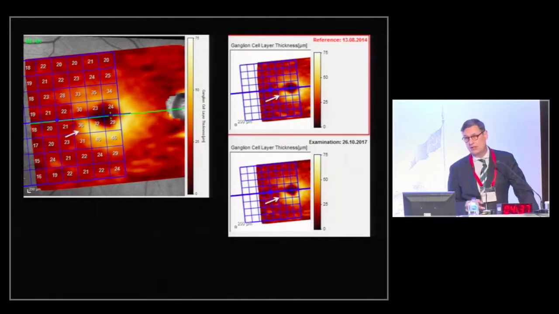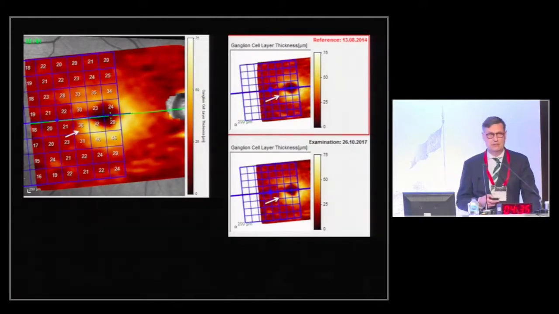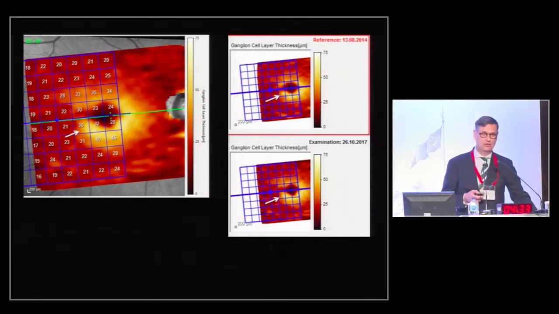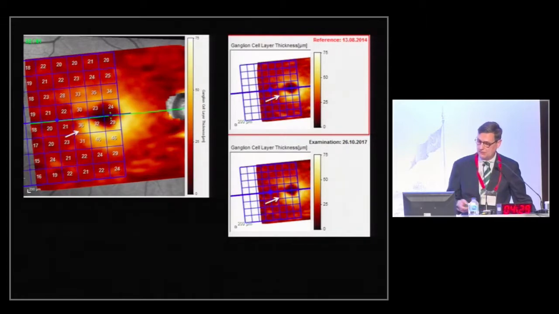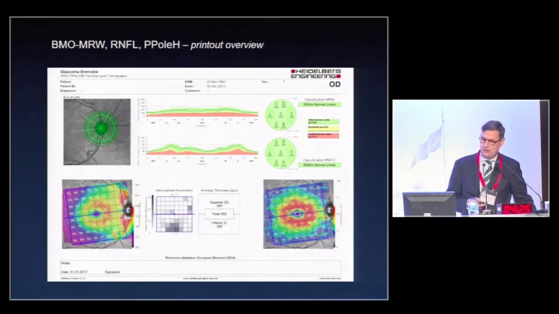In the macular area, you find most of 50% of the ganglion cells, so some change also happens even if it's a retinal nerve fiber layer related disease. And you can have a very indicative printout with all three measurements for one eye, and in one glance you can estimate whether the patient belongs to the normal side or is a suspect or is a progressed glaucoma.